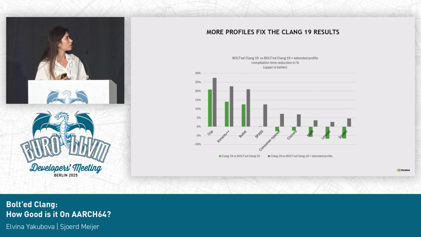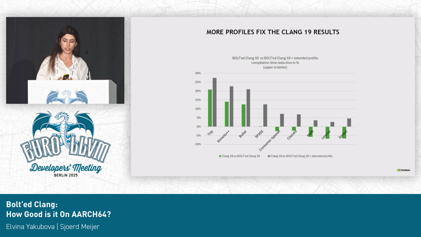I used Bolt instrumentation to collect profiles for CTMark benchmarks, and as you can see from this graph, it actually helps for Clang 19 versions. The green charts here mean a comparison of the original stage 1 build of Clang 19 with bolted Clang 19, and the gray charts mean bolted Clang 19 with extended profile.